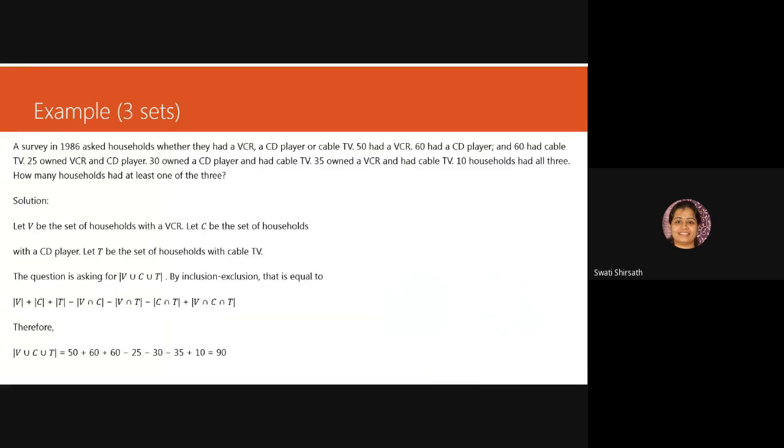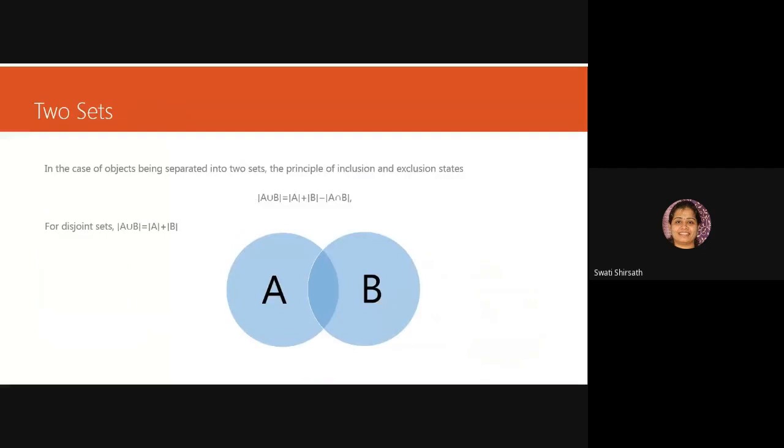Then three sets, in three sets we have, okay, I would like you to write down this formula for two sets.